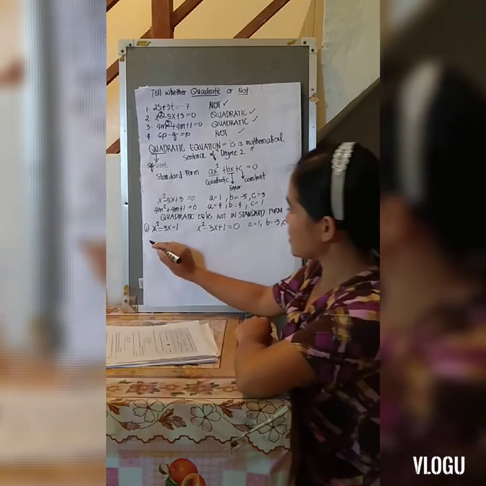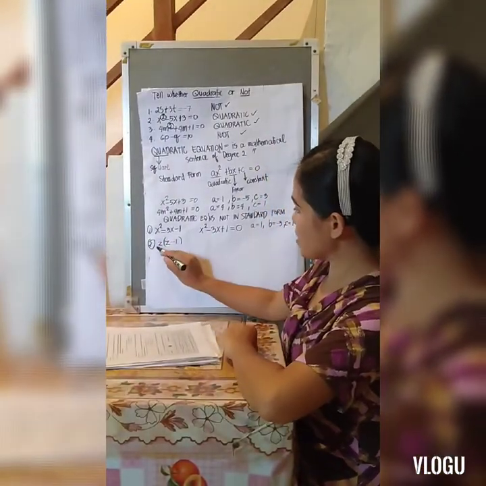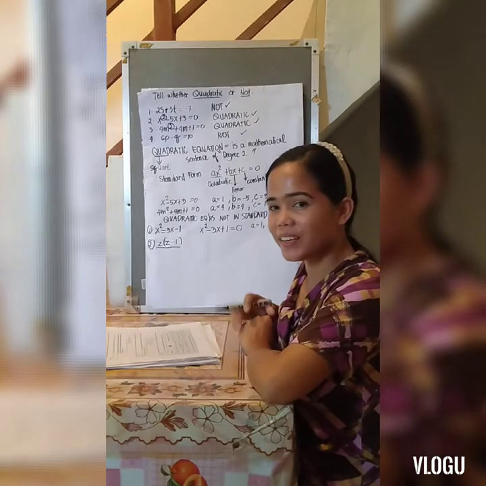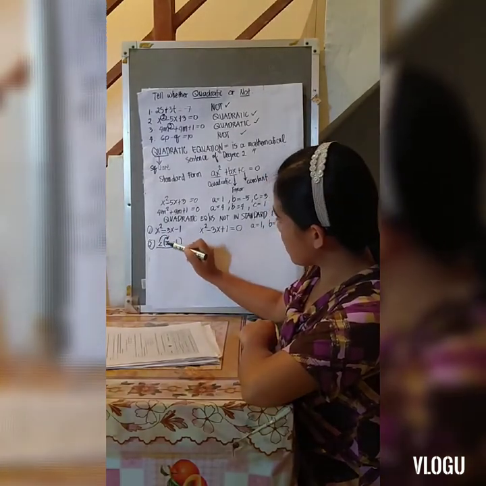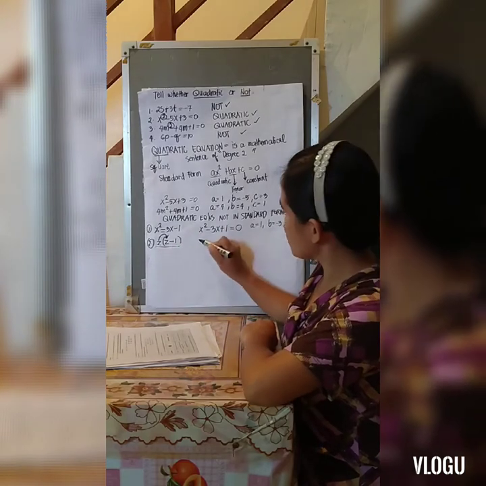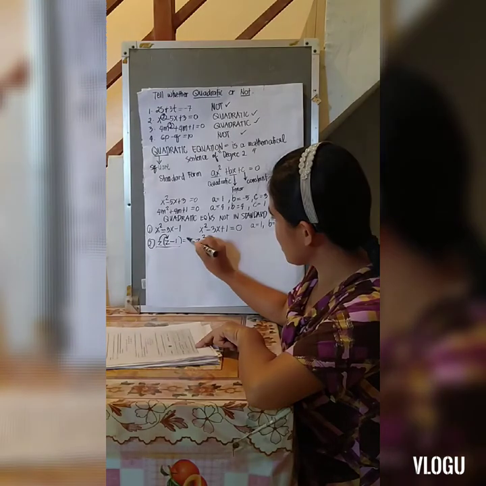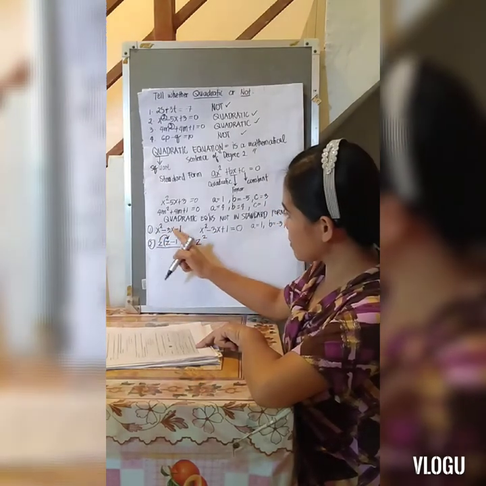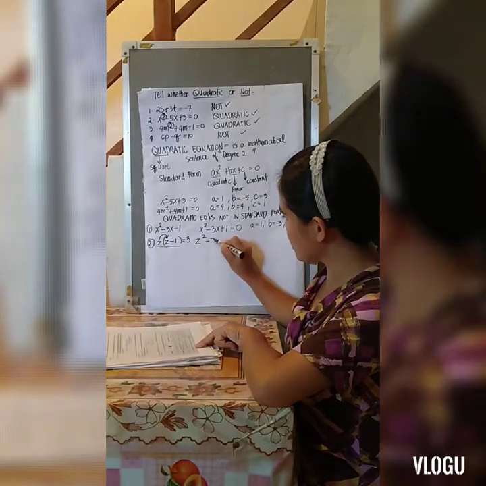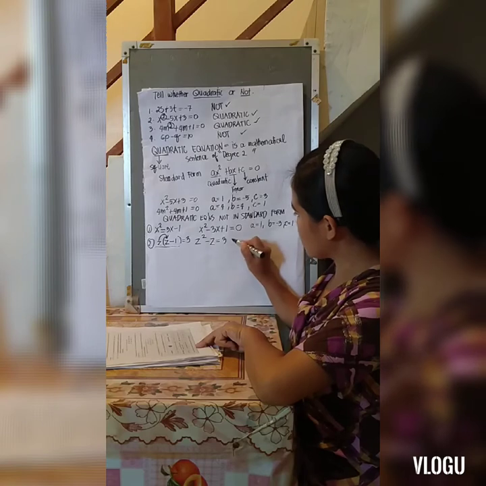Check. Okay, let's have another: z times the quantity z minus 1 equals 3. Do you think this is quadratic? Yes, it is. So you just have to distribute. You will have z squared, z times negative 1 is negative z, equal to 3. So it's almost there.